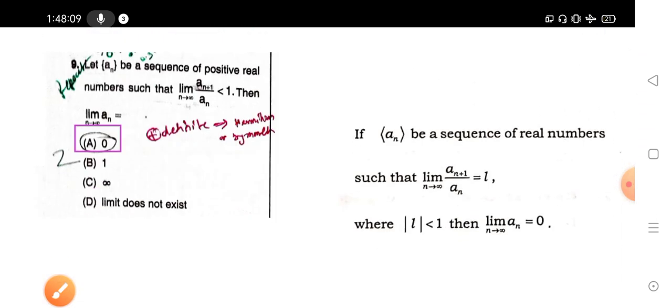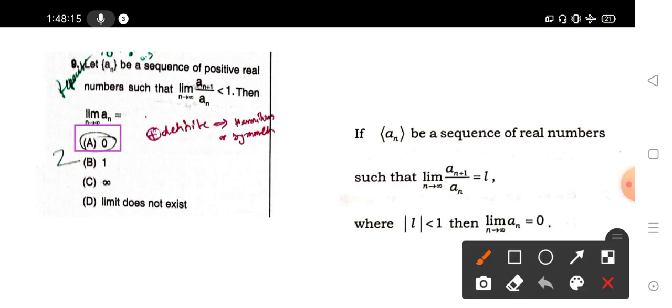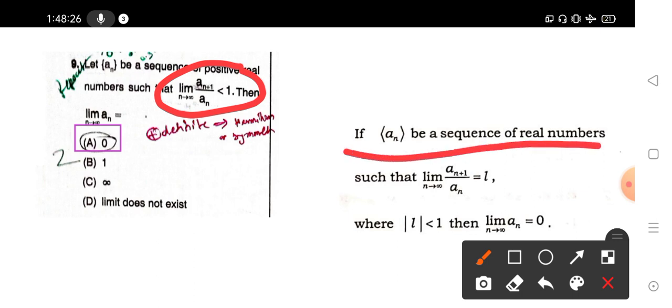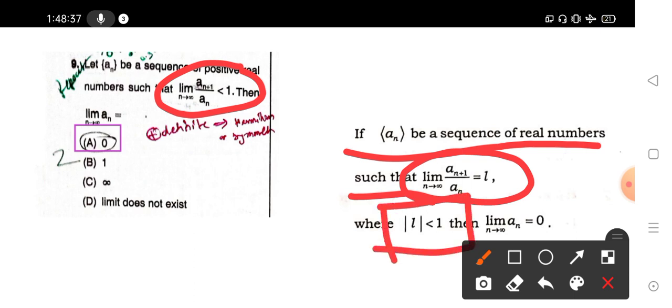Next question, let an be a sequence of positive real numbers such that limit n tending to infinity of an plus 1 upon an is less than 1, then limit n tending to infinity an. Here one result: if an is a sequence of real numbers such that limit n tending to infinity of an plus 1 upon an equals L, and modulus of L is less than 1, then limit n tending to infinity an equals 0.